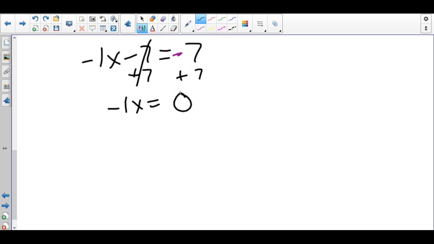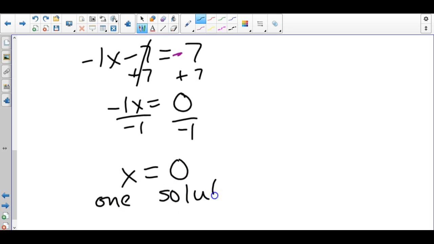So we might think, oh, this means no solution because we get a 0. But 0 is a solution. 0 is a number. So if I divide both sides by negative 1, I still get 0. 0 divided by negative 1 is 0. This is still considered one solution, because 0 is a number, it can be considered a solution.